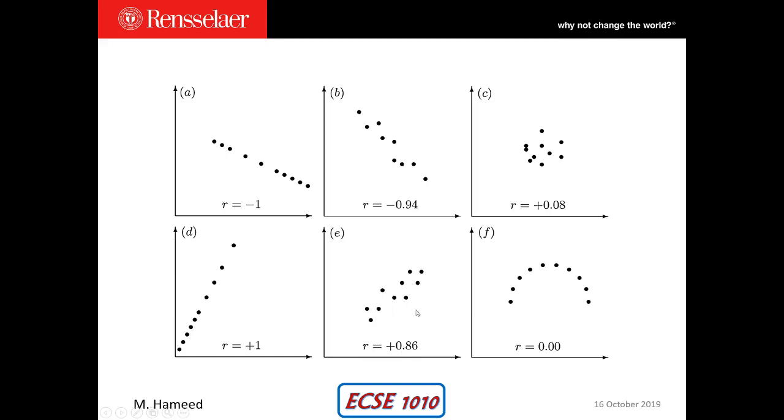So the strength is not 100%, but the direction is positive. So 0.86 positive for correlation coefficient for E. Now for this last case, as I increase x, y starts to increase and then decrease exactly in the same fashion, giving me complete independence. So r of 0 indicates that x and y are completely uncorrelated. So these are independent variables in this case.